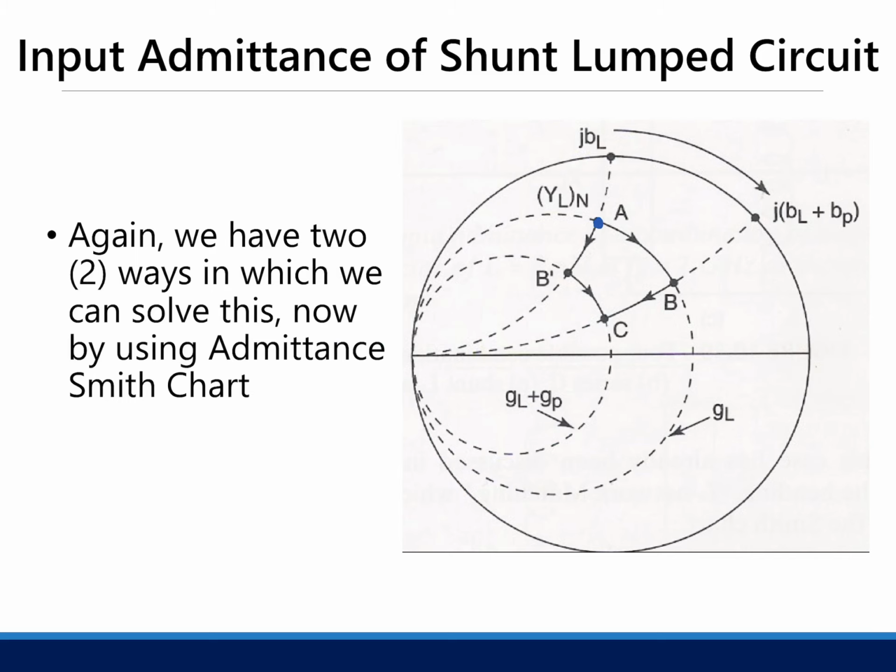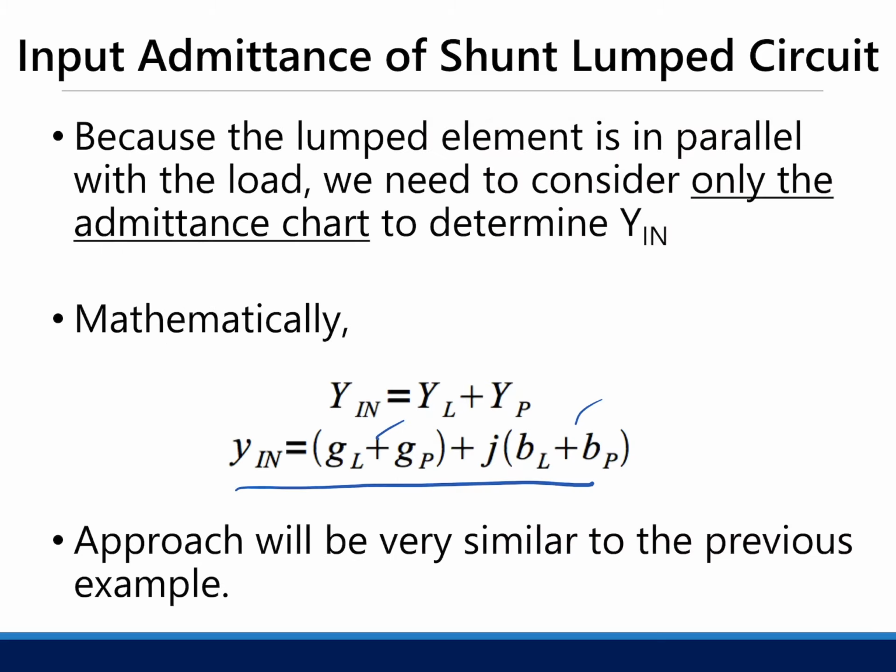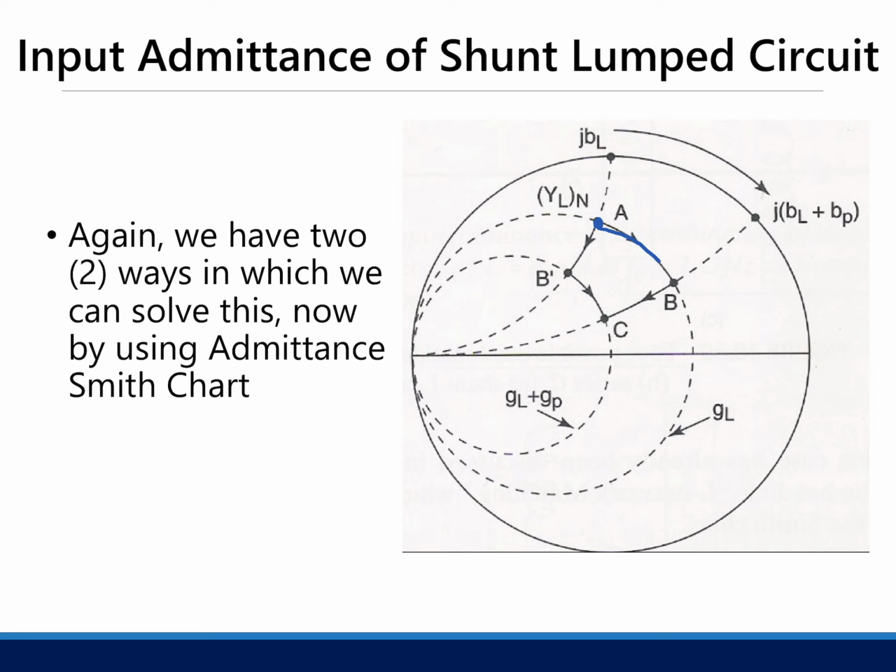Okay, and then you can take two paths. Let's say we take the one where you add a susceptance first. You add a susceptance, then you're going to move in this direction.